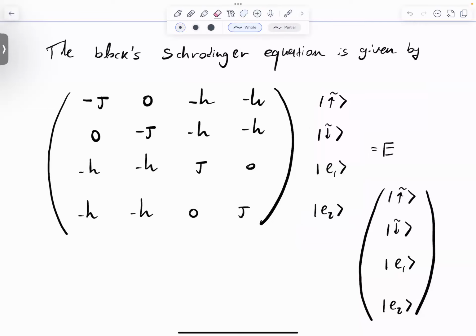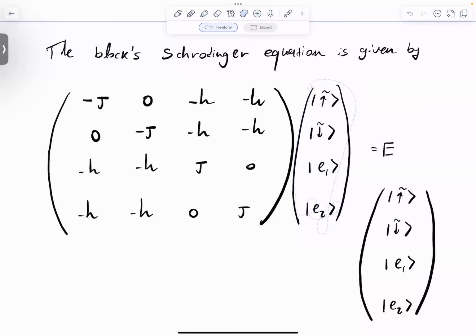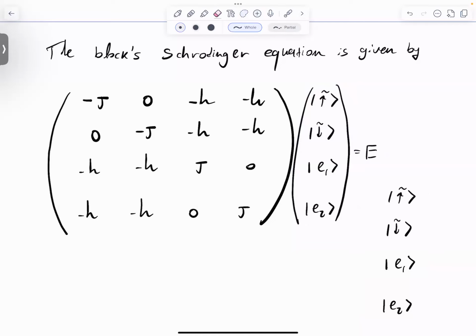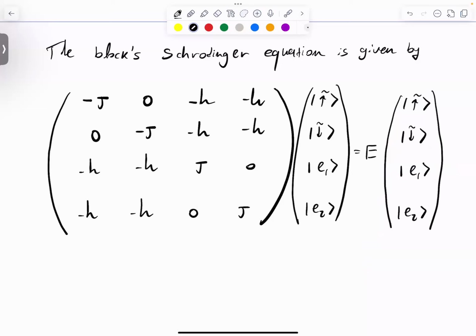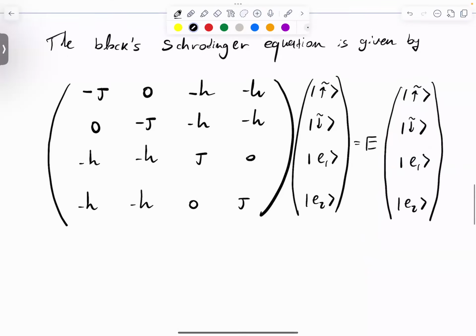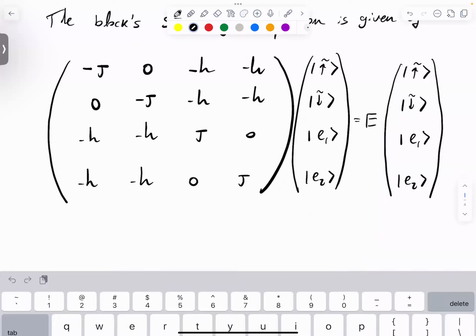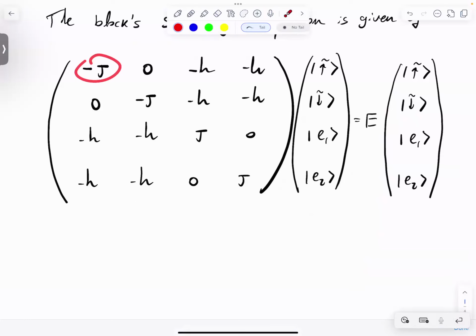Make this a bit more efficient. Now the idea is that if you look at this spectrum, then you see that there's a huge gap, right?